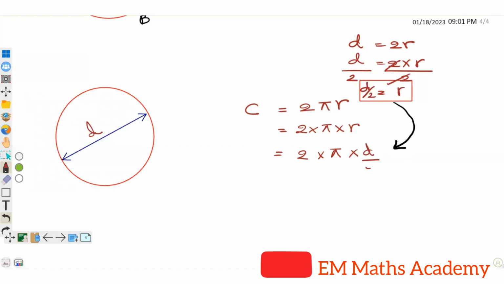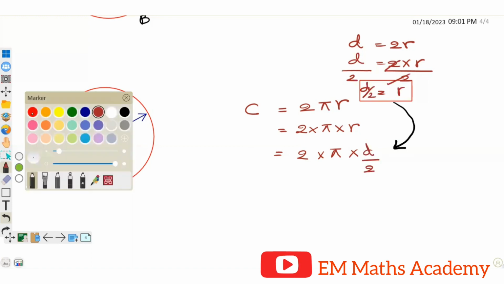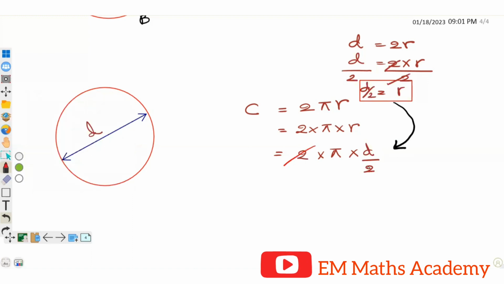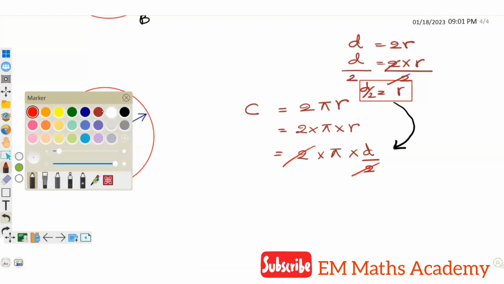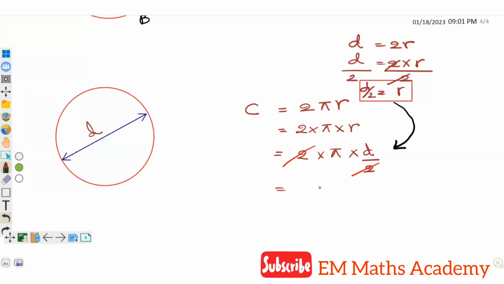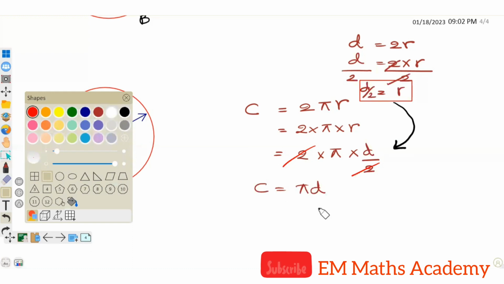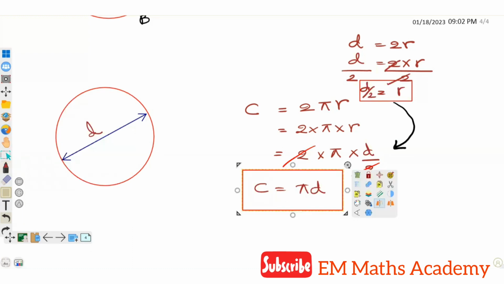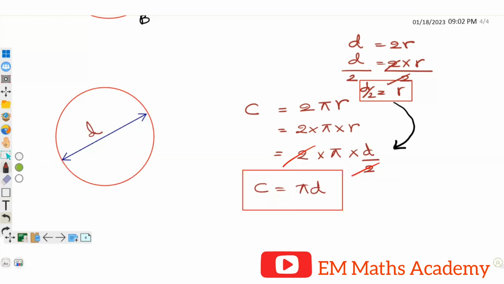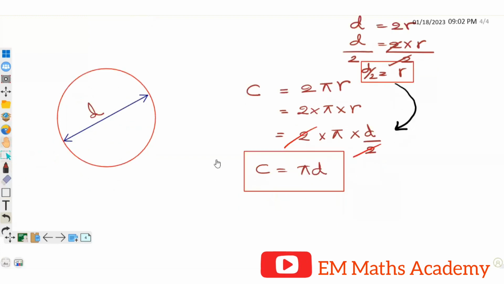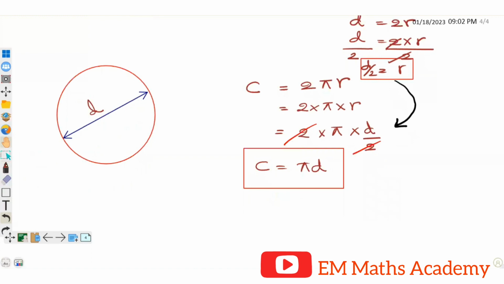So what happened? This 2 and 2 are cancelled like this. Okay. So then what is the answer we obtain? It is pi D. Okay. Then we use the C equals pi D formula to find the circumference when we know the diameter.